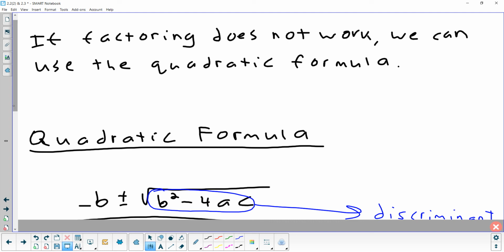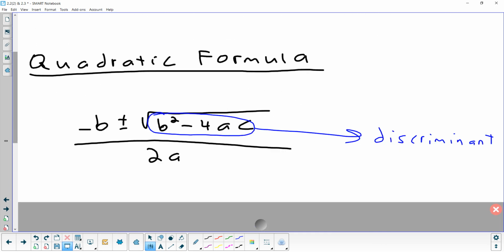Now, if you had a quadratic equation with numbers in the thousands and you had to try to factor it, that's probably going to be kind of challenging. The quadratic formula might be easier to do.